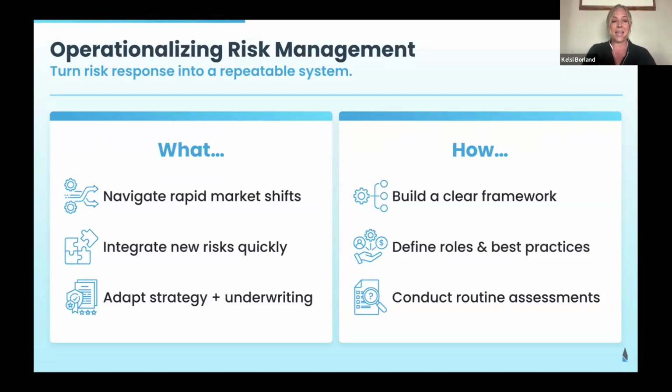So that is navigating rapid market shifts, being able to integrate new risks quickly into your system, and creating a strategy and an underwriting strategy that can respond to those risks. And the way you do that is to build a clear framework to identify team members that can be responsible for identifying these risks by defining their roles, creating best practices, and conducting routine risk checks as market conditions evolve.